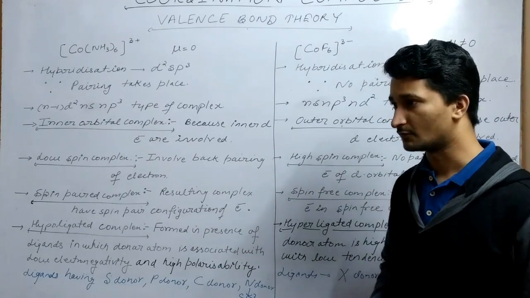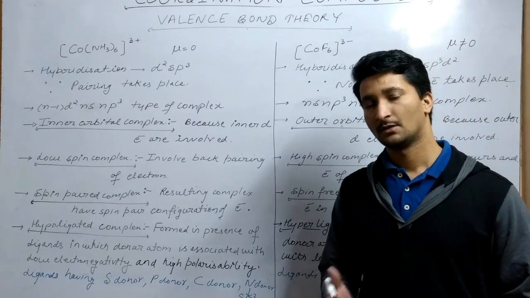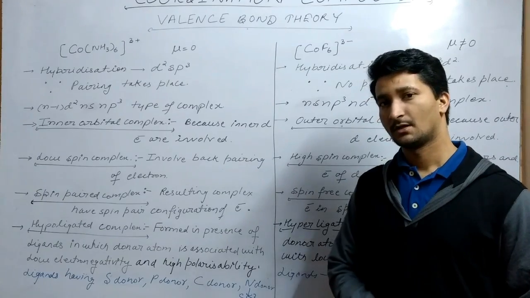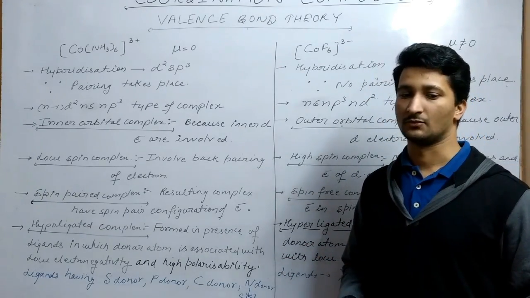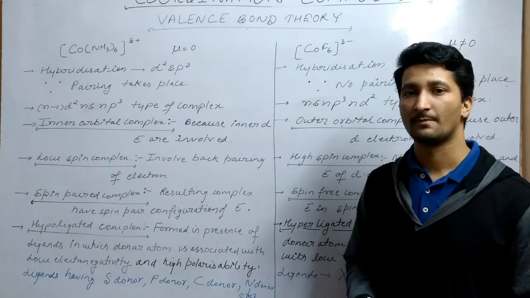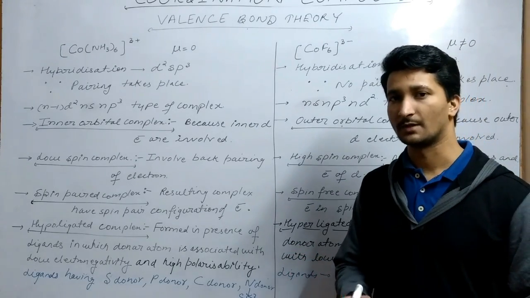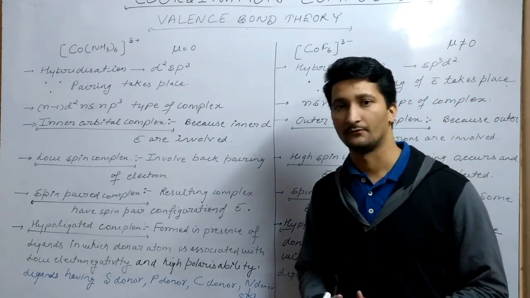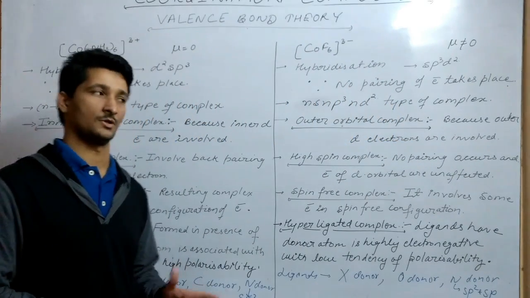Some students get confused when asked what was responsible for pairing in a hypoligated complex, and they talk about the spectrochemical series, which is not part of valence bond theory. So keep in mind which theory they are asking about in the examination. Fine, note it down fast.